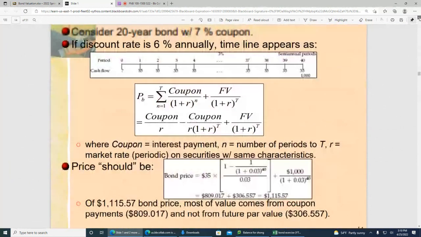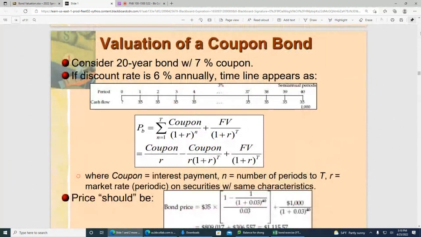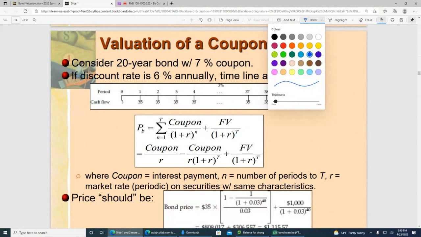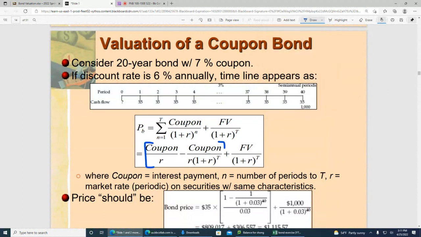The bond valuation formula, especially for a coupon bond, is a combination of two formulas: the present value of annuity formula, because coupon payments are annuities, and the present value of a single cash flow.